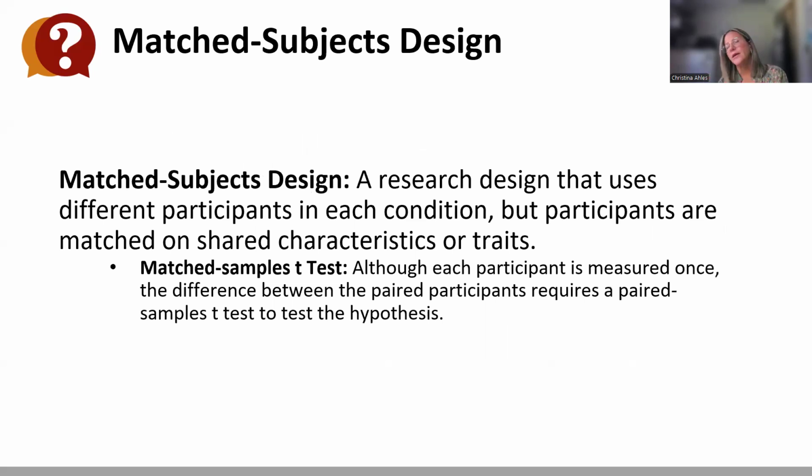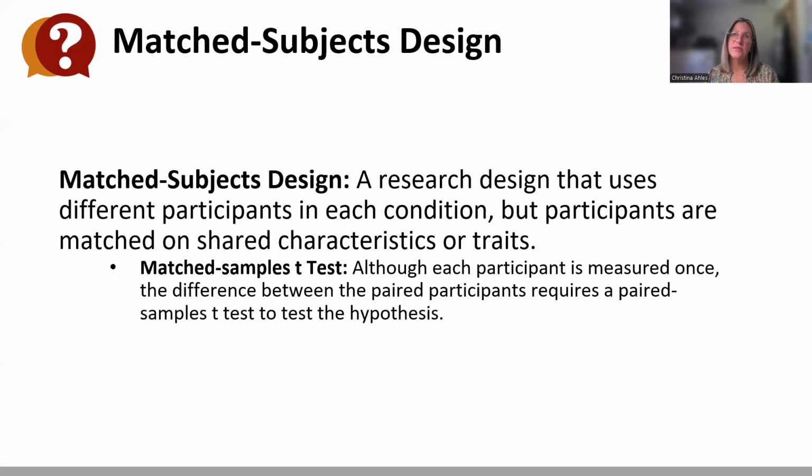There is one type of design that uses the paired samples, but it's not necessarily a traditional paired samples t-test. In the design, it's called a matched subjects design. Basically, there are different participants in each of the two conditions, but the participants are matched on some characteristics or traits.